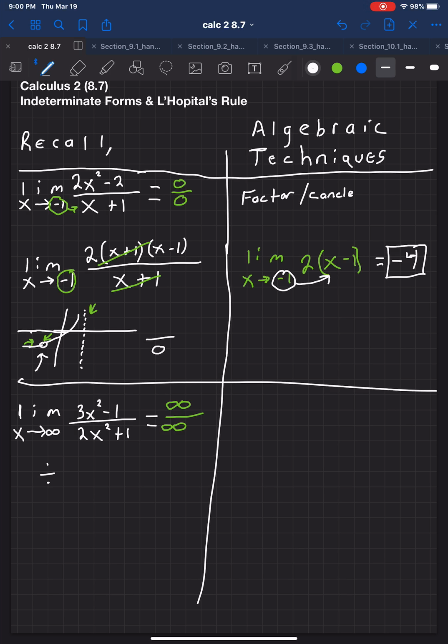The highest degree in the denominator is the x squared, so we're going to divide everything by x squared.